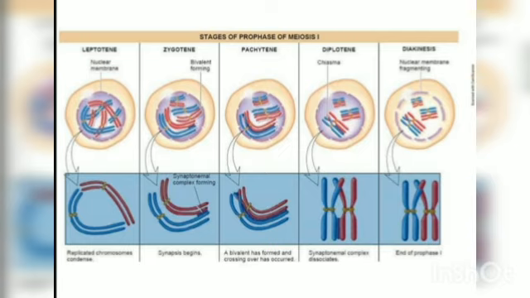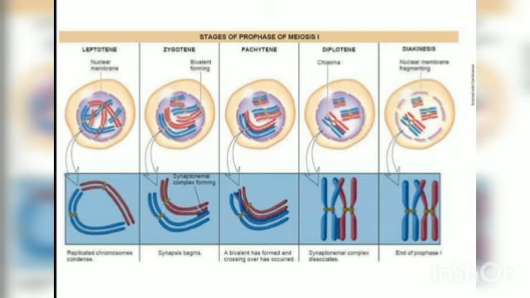Then karyokinesis in meiosis consists of two complete nuclear divisions. Karyokinesis means the nuclear division, especially the chromosomal division, and it occurs in two phases. One is meiosis 1 or M1, another one is meiosis 2.